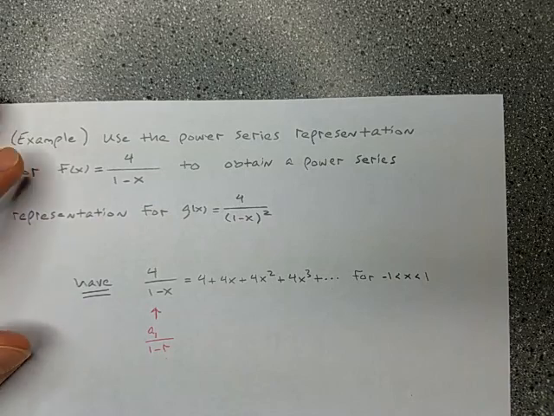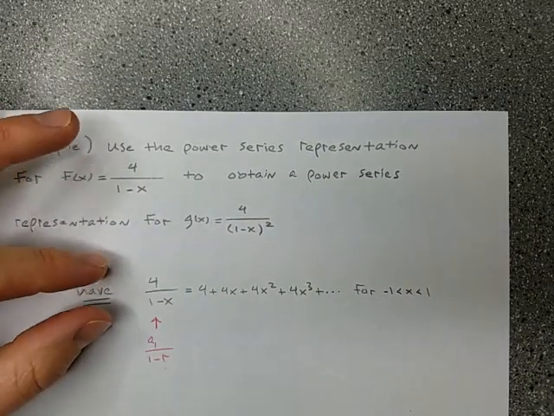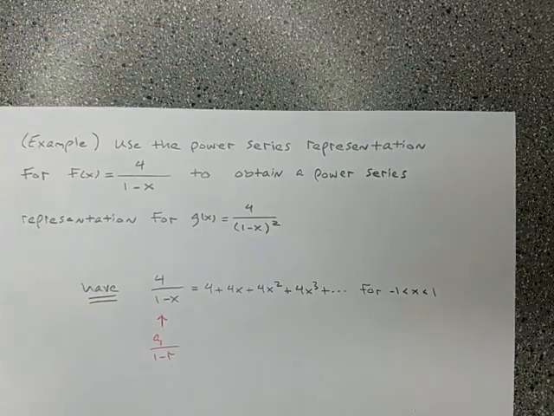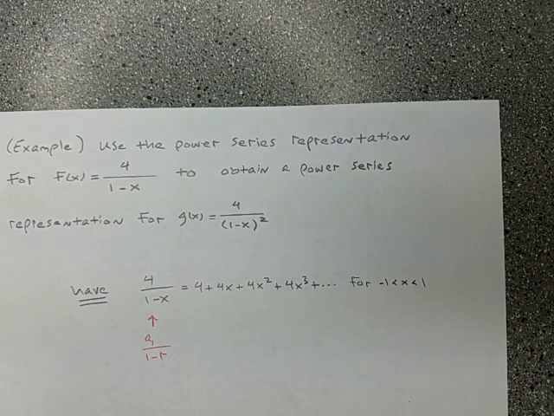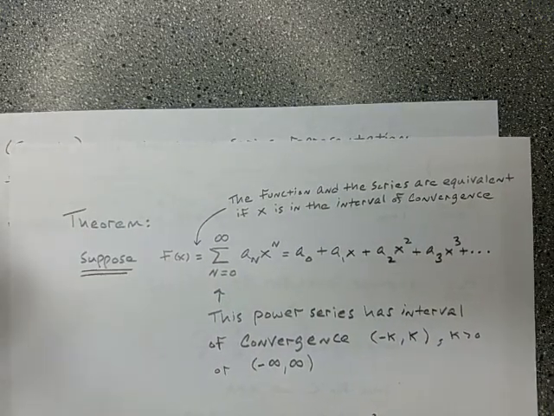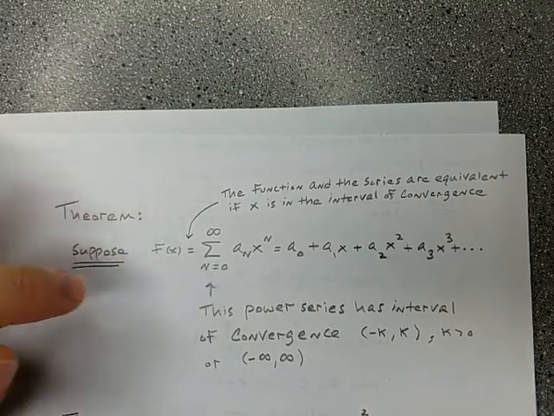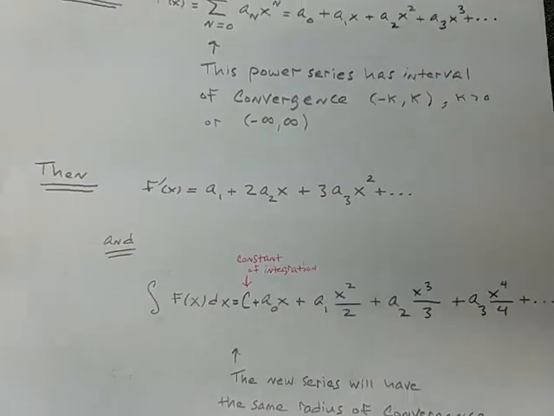Now, is there any connection between the two of these? Is there something that you do to this one to get that one? Think about that for a second, and I'll remind you of something that we talked about. How can you manipulate these statements? Say you have a statement that some function is equal to some power series.